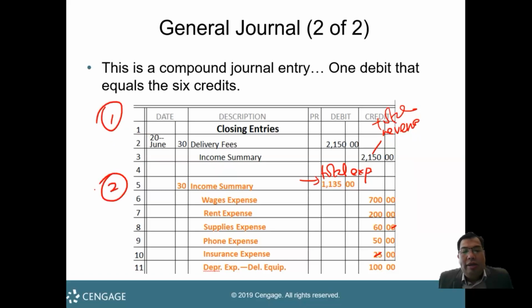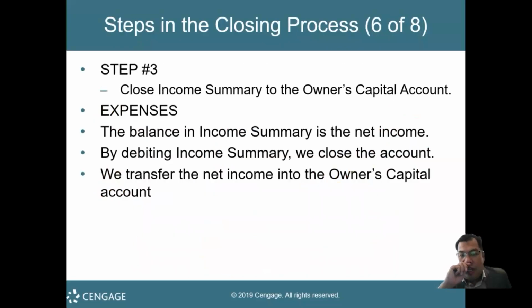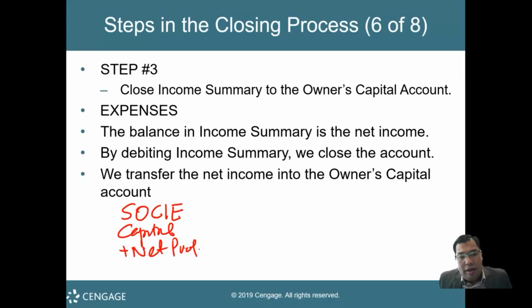Step number 1, step number 2, we have another 2 steps to go. And step number 3, we're going to close our income summary account. We're going to transfer the balance to the capital accounts. I believe you still remember the statement of changes in equity. The formula is capital plus net profit minus drawing.